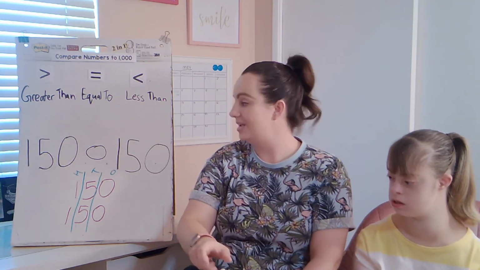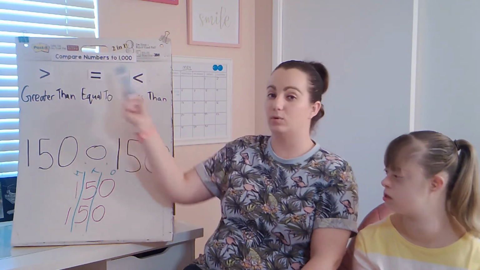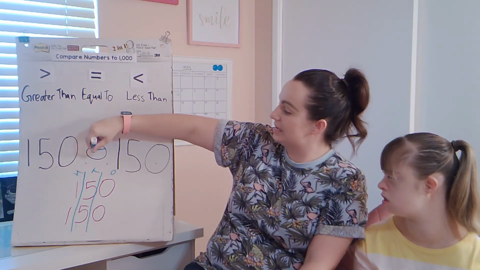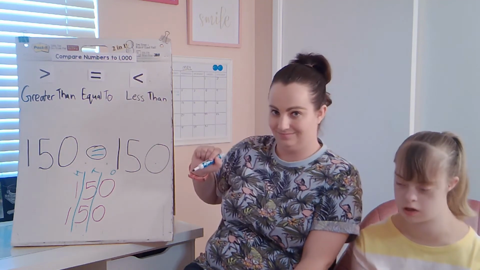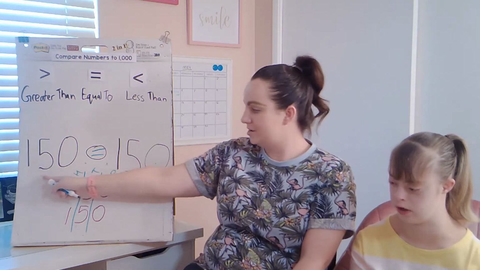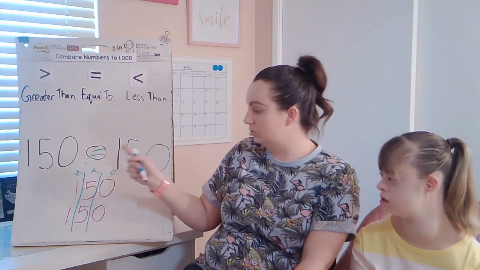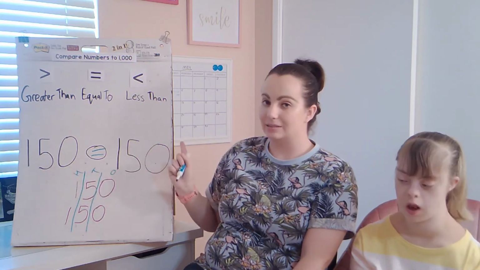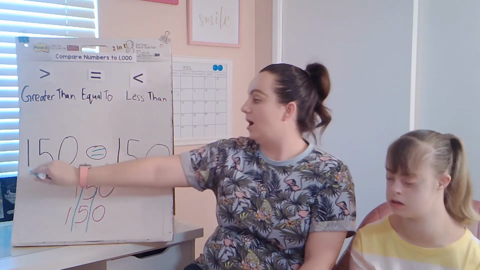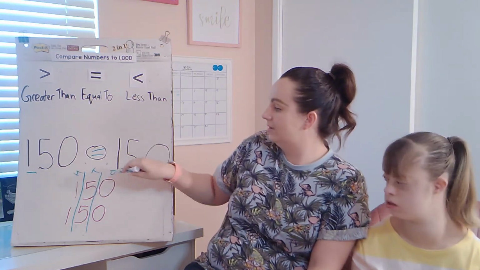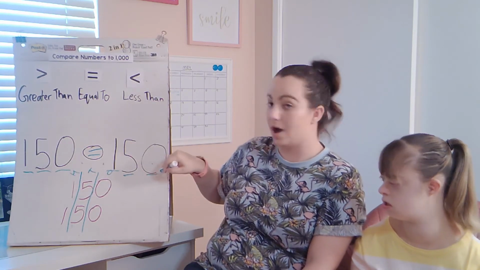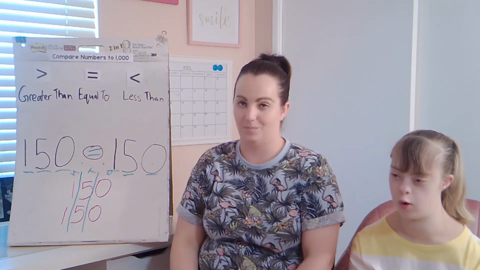Instead, we get to write the equal sign to say, hey, these are the same numbers, equals. Nice job. 150 equals 150. That's because they're exactly the same number in the hundreds, tens, and ones spot. Nice job.